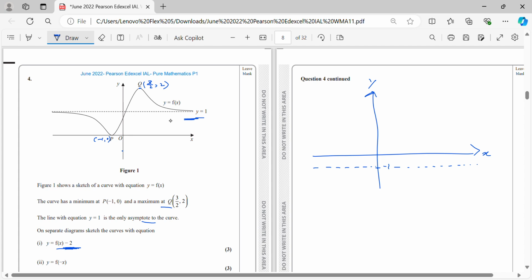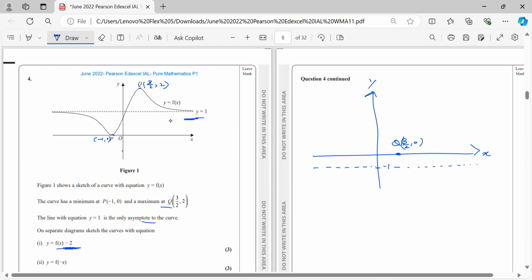All right, then point Q, because it's shifted 2 units down, the x coordinate will remain same, 3 over 2 and 0. So my point Q will be somewhere here. So let's say this is 3 over 2 and 0. This is point Q, which is 3 over 2 and 0.